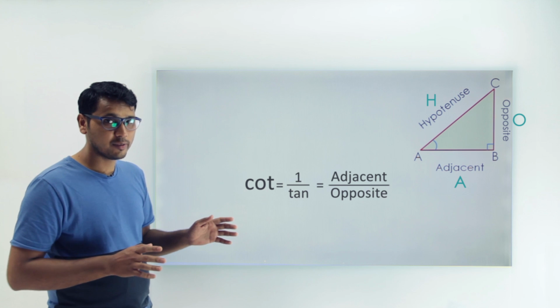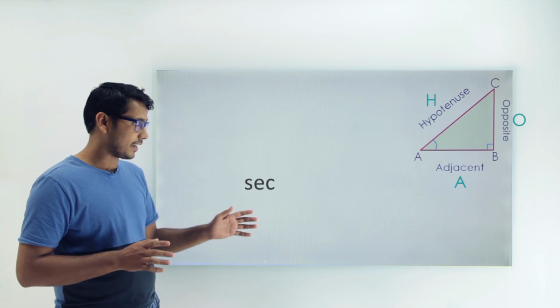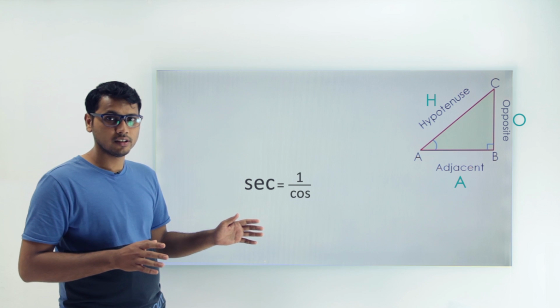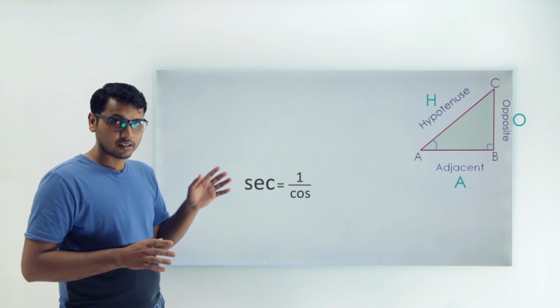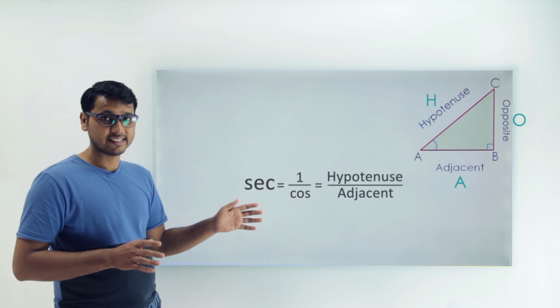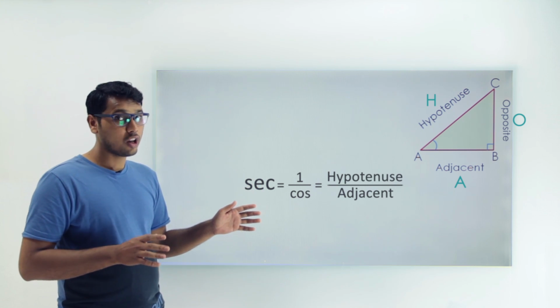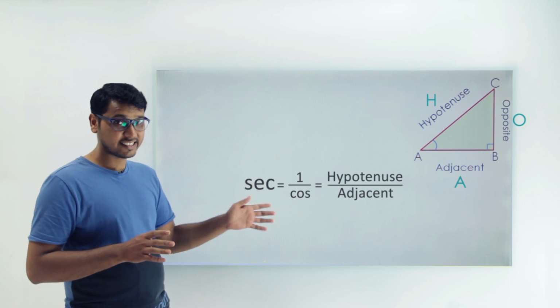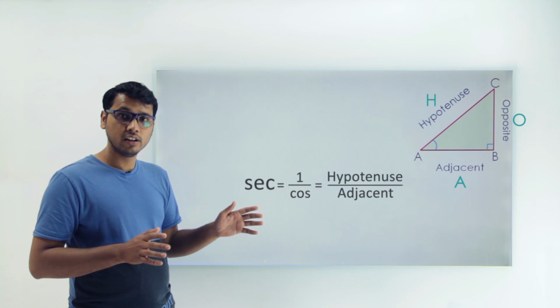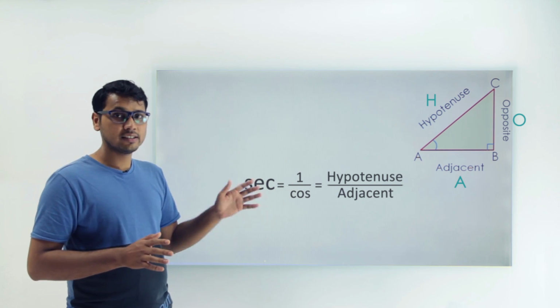Our next trigonometric ratio is sec. Sec is nothing but 1 upon cos. So sec will become hypotenuse upon adjacent. All you have to remember is that sec is 1 upon cos, and you have to take the reciprocal of cos to get sec.